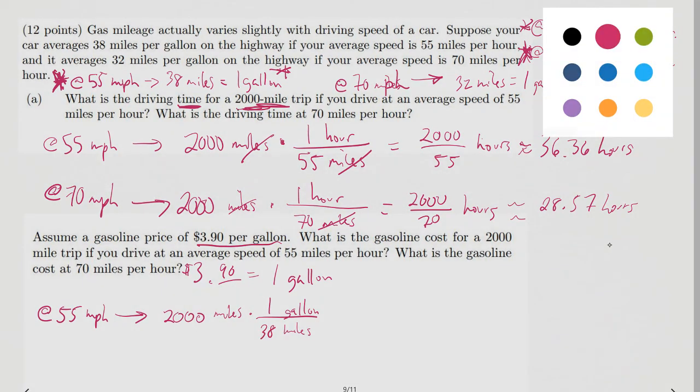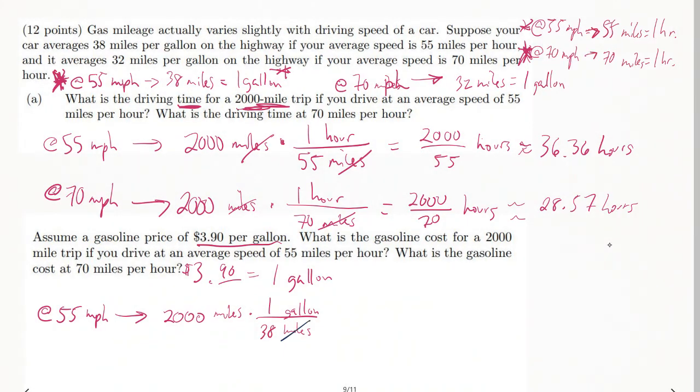Right? So I'll change this to blue now. So notice the miles will cancel and we're left with just gallons. So now what we have to do is cancel off the gallons. Well, that's $3.90 equals 1 gallon, so we can type that in. So notice the gallons cancel, and so this is 2,000 times 3.9.